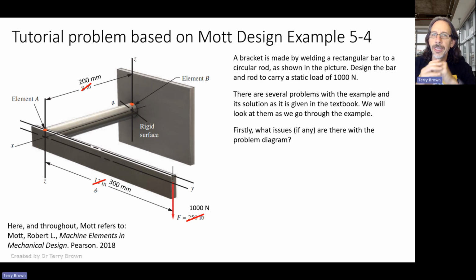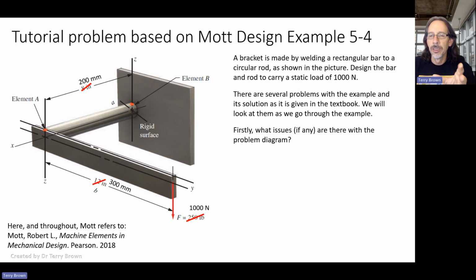Okay, so hopefully you've done that and found some problems with it. Part of this is just to point out to you how important it is to convey information correctly. In past subjects, I would have focused on making sure that you do your diagrams well for free body diagrams and so on, making sure your witness lines go to where they're meant to go, making sure your axes are going in the right directions, because it's important.